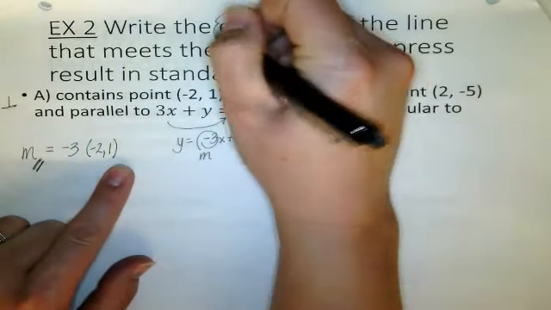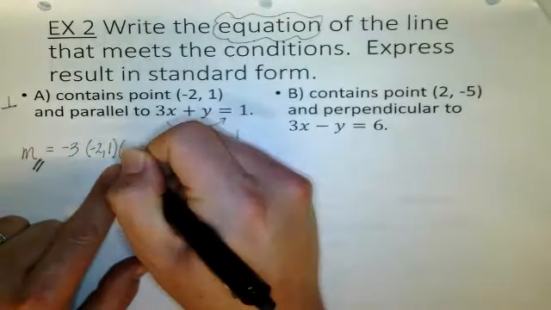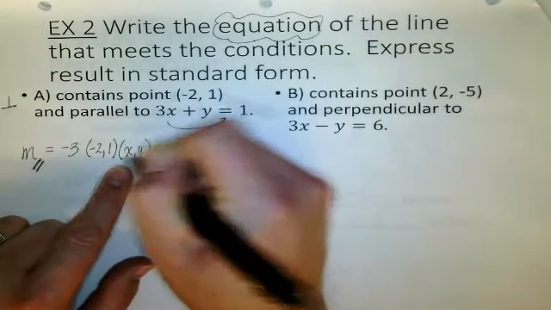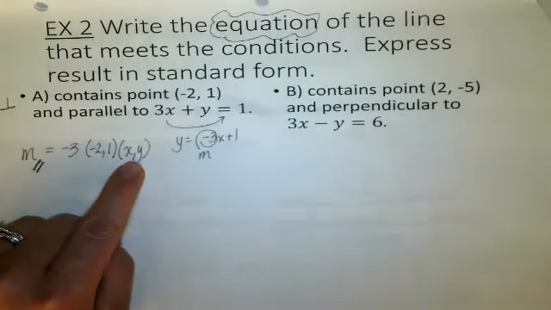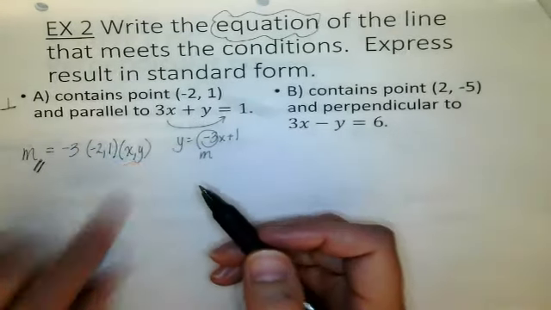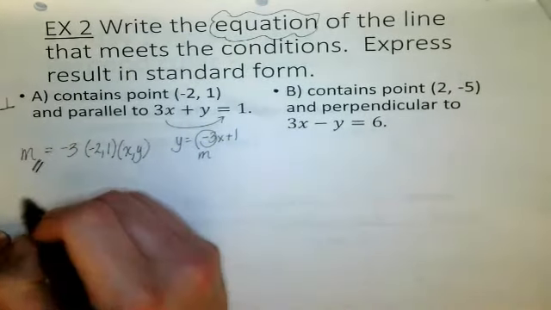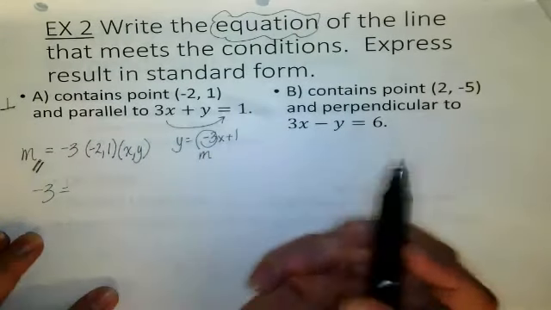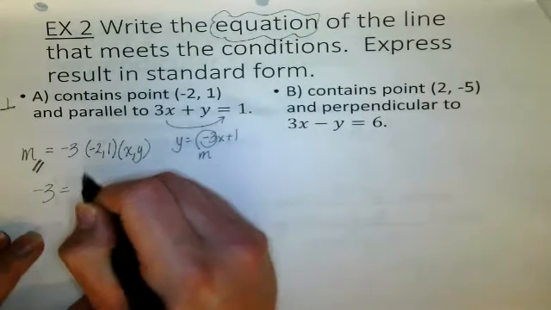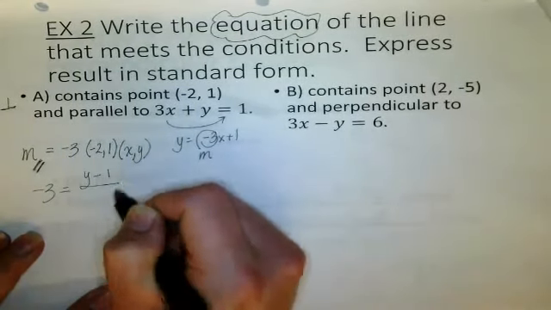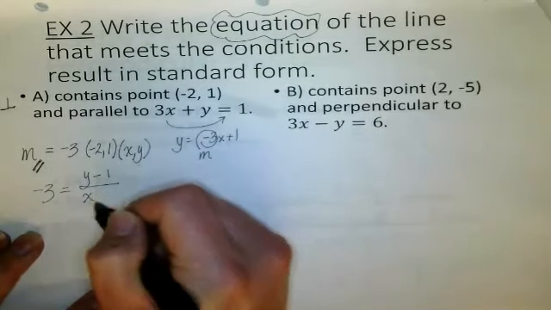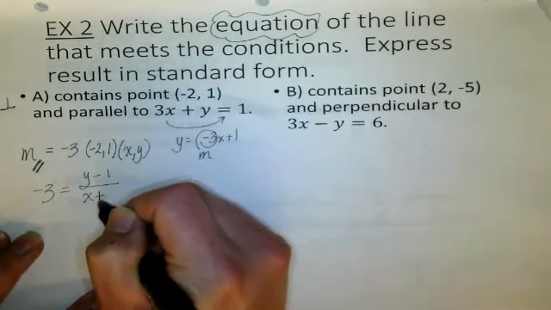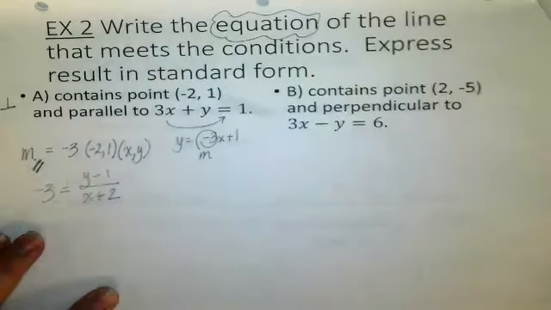And I'm trying to write an equation, so I'm going to use the same technique as yesterday, an equation for any generic point, x and y. And so then I'm going to just use my slope formula. So slope equals y2 minus y1 over x2 minus -2.